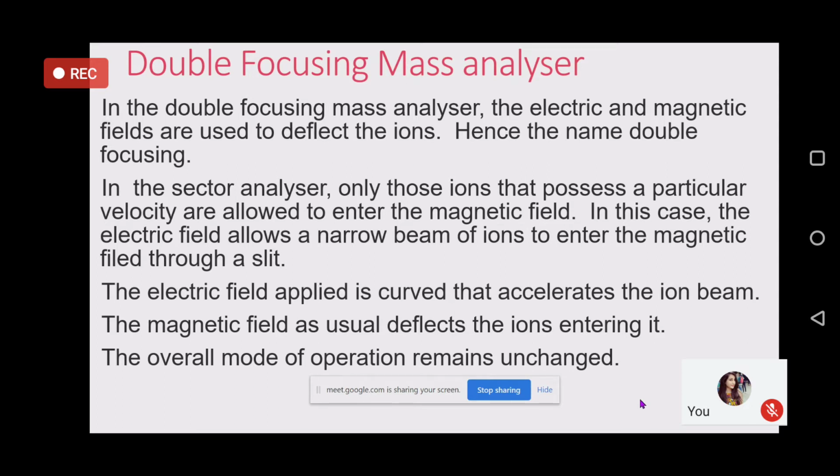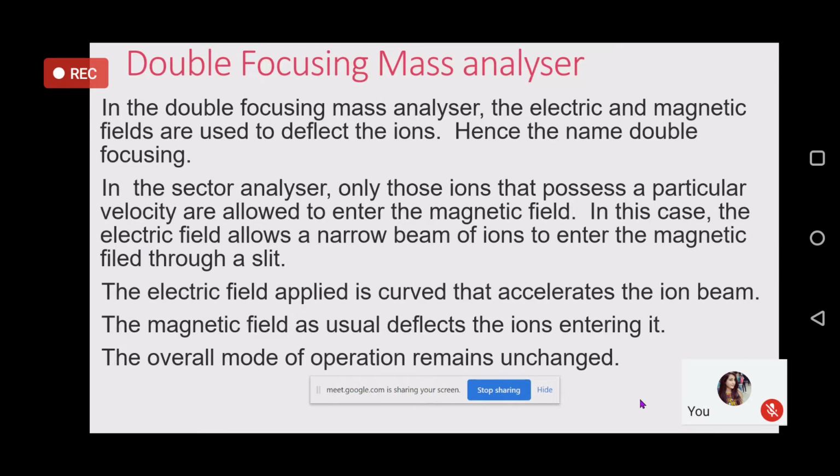But initially, they had a kinetic energy, and therefore such a beam of ions, the fragments obtained, will not have the same velocity even if the m by z value is the same. And for such beams, the double focusing mass spectrometer or sector analyzer is necessary.